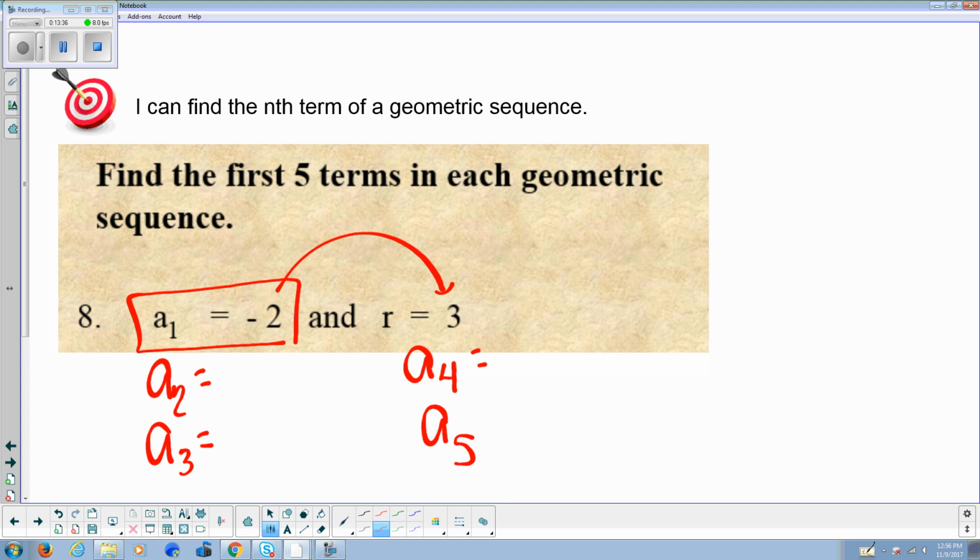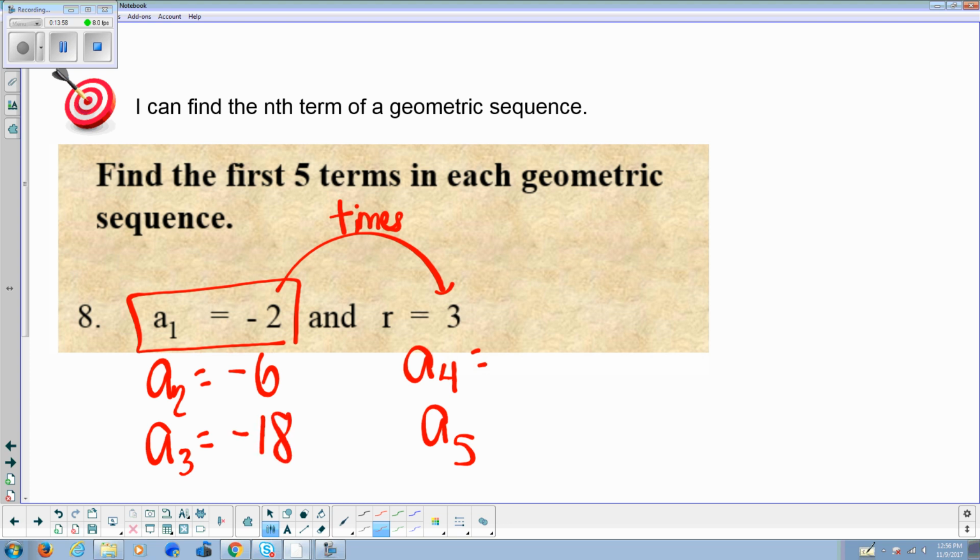So I find A2 by saying negative 2 times my common ratio. So negative 2 times 3 gives me A2 to be negative 6. And I multiply that by 3 to get A3 to be negative 18.